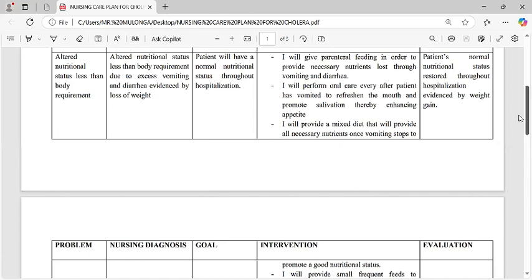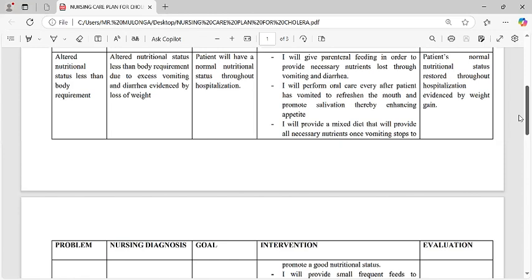Number 2: I will promote oral care every time after the patient has vomited to refresh the mouth and promote salivation, thereby enhancing appetite. Remember, when this patient is excessively vomiting, they will not be able to eat and their mouth will be bitter.